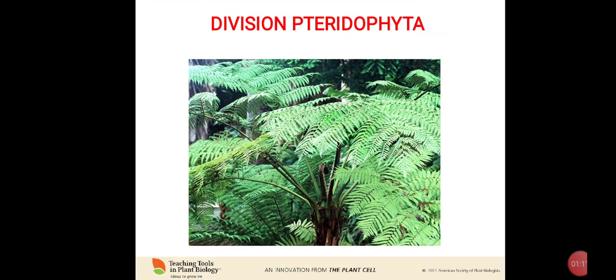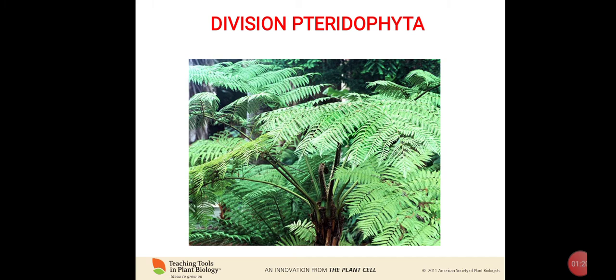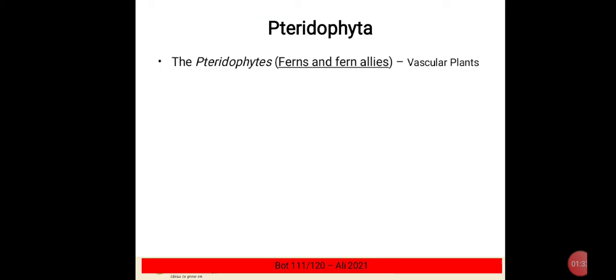These are ferns, as you can see. It says under division pteridophyta, which is also an example of vascular plants. Now, this fern, you can see it has leaves, it has also stems, meaning that it has true leaves and true stems. But I can see there are no flowers, so they are non-flowering plants.